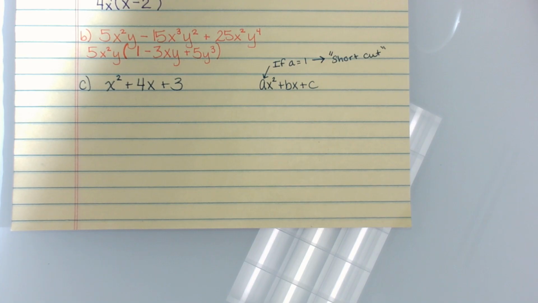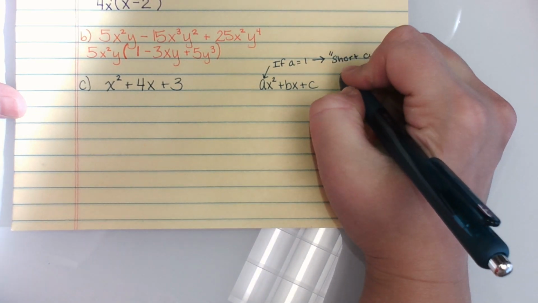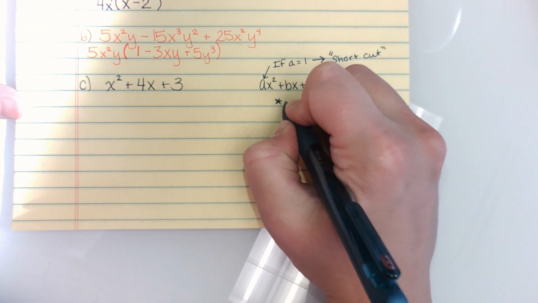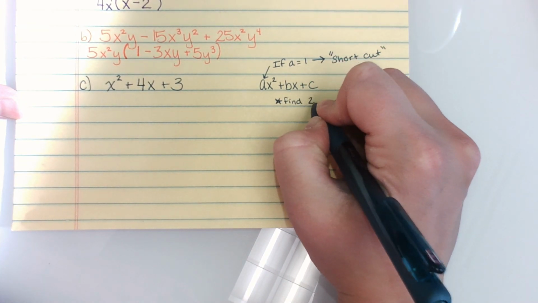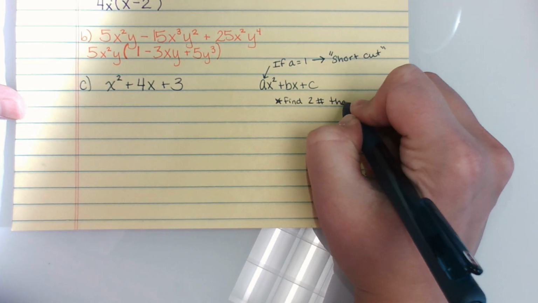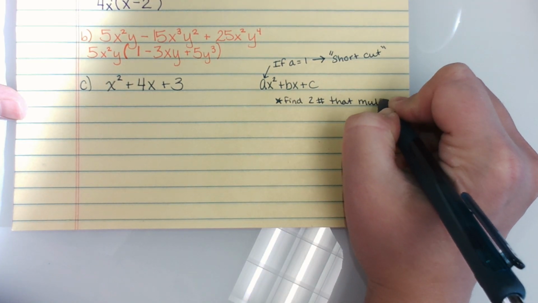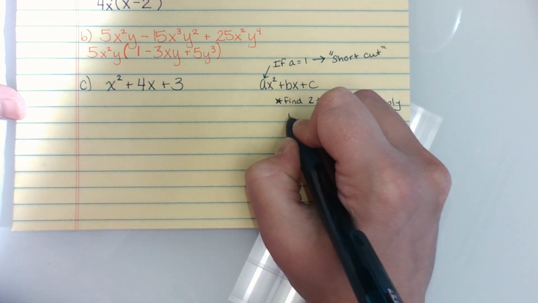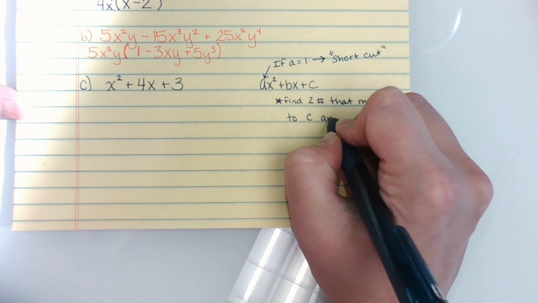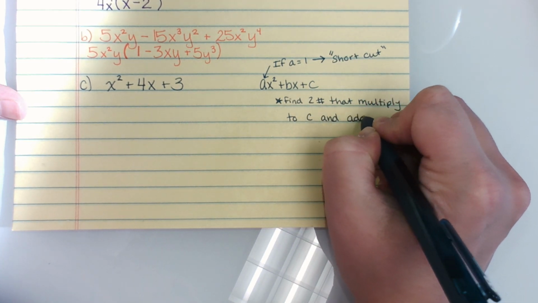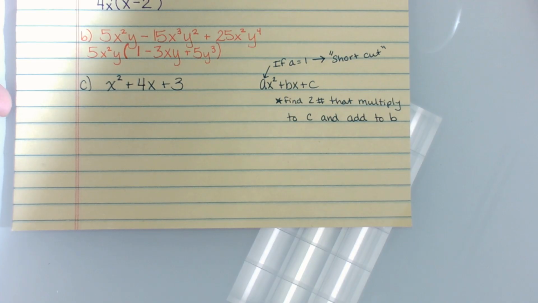But when a is equal to 1, we could do the shortcut, which says find two numbers that multiply to c and add to b. In problems like this one, where that a is 1, that x squared's got that 1 in front of it, you're looking for two numbers that multiply to 3, but when you add them, you get 4.